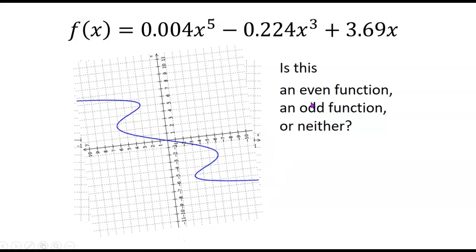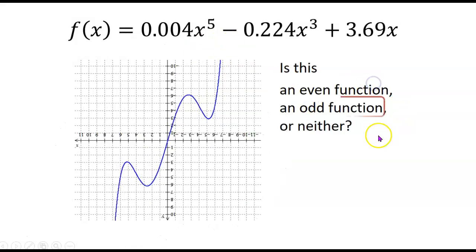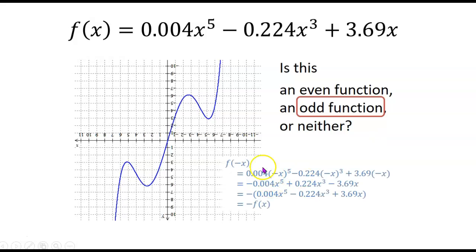And if you wanted to check that from the function itself, the equation that defines it, you would do that by calculating f of negative x. That is, you replace every x in the formula with negative x and work out what that gives you. When you take a negative x to an odd power, it comes out negative. So this would be negative x to the fifth, so I pulled the negative out in front. Here we got negative x to the third, and you pull the negative out in front, but then it would be minus a negative, which is the same as plus a positive.